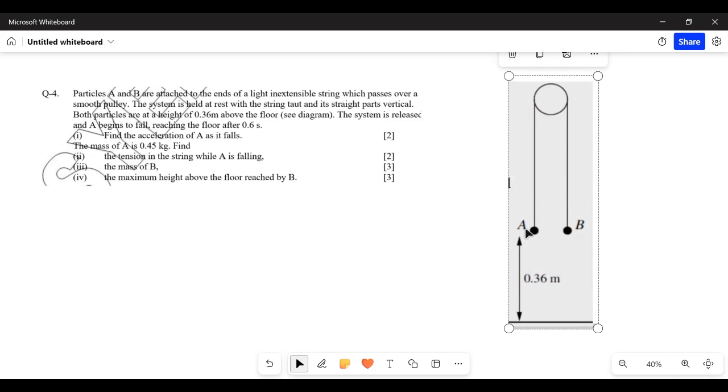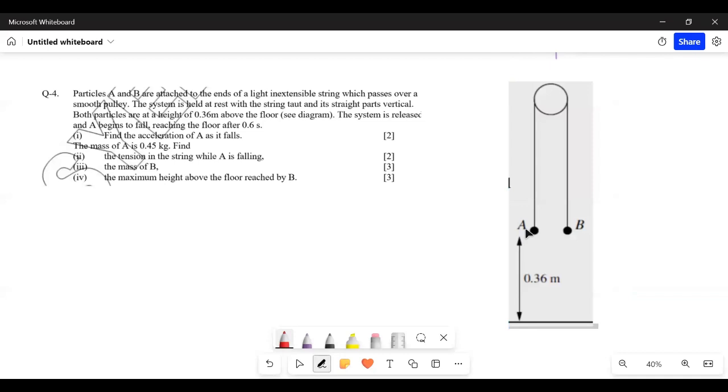The system is held at rest with the string taut and its straight parts vertical. Both particles are at a height of 0.36 meters above the floor. The system is released and A begins to fall, reaching the floor in 0.6 seconds.